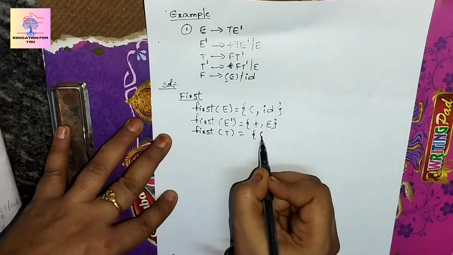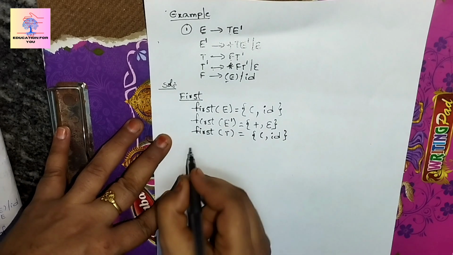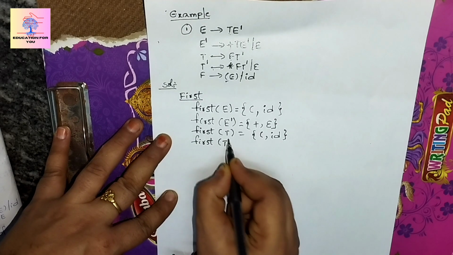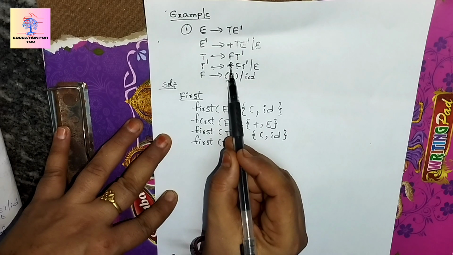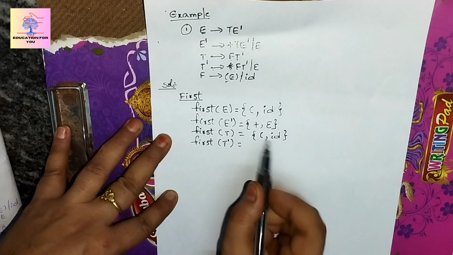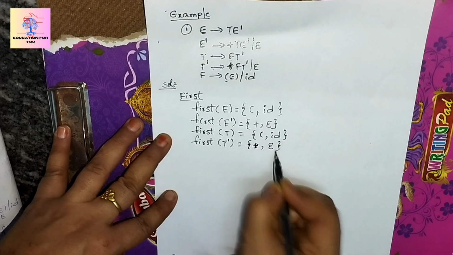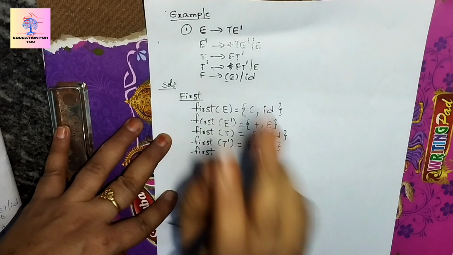Now the next one is first of T dash. First of T dash is star, or epsilon is also there. So star comma epsilon. Now first of T dash is over.